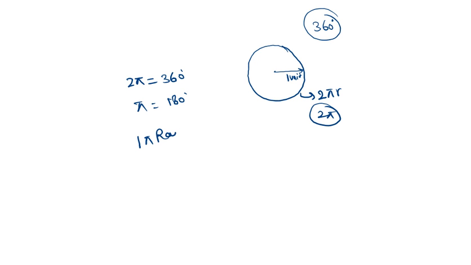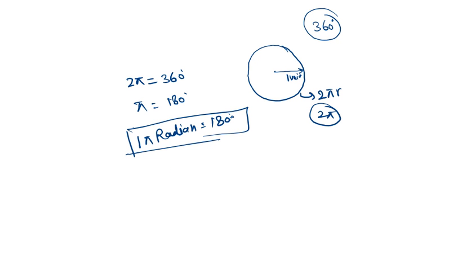If somebody asks the circumference of this circle, you will directly apply 2 pi r, and say 2 pi is the total circumference. This total rotation 2 pi corresponds to 360 degrees, so pi corresponds to 180 degrees. So we call it 1 pi radian, and 1 pi radian is equal to 180 degrees. This is the relation between radian and degree.